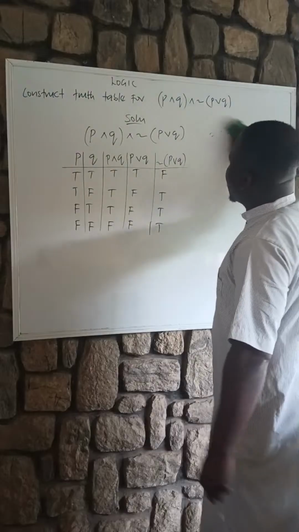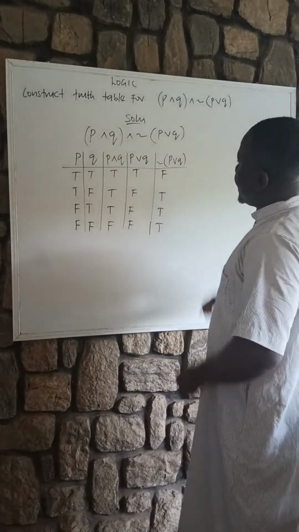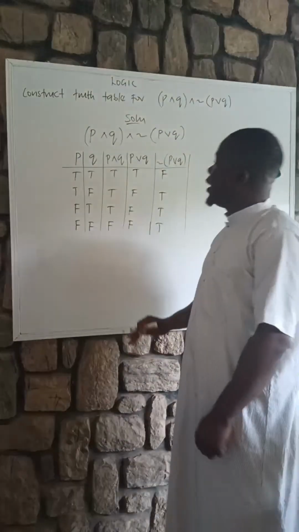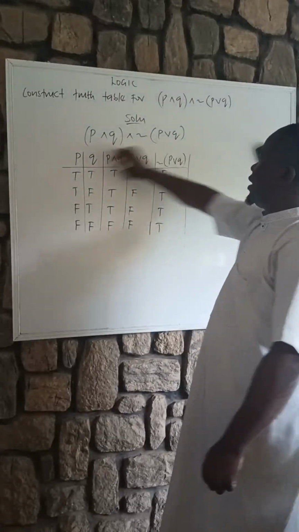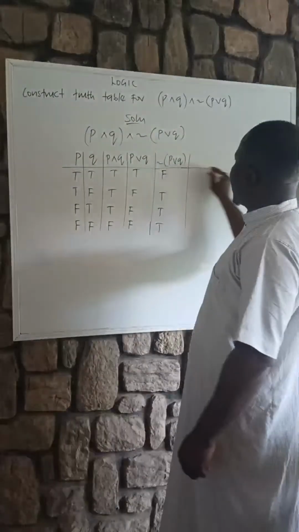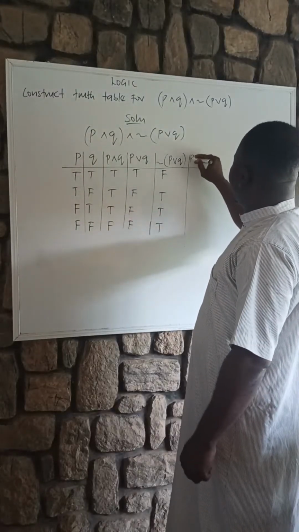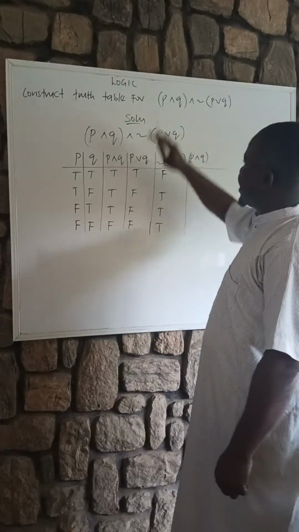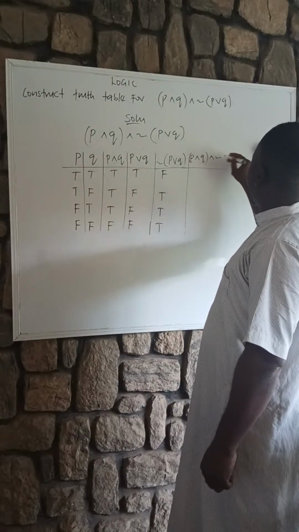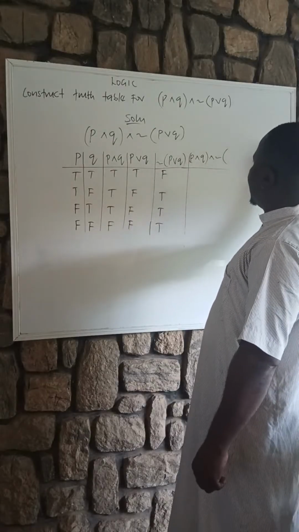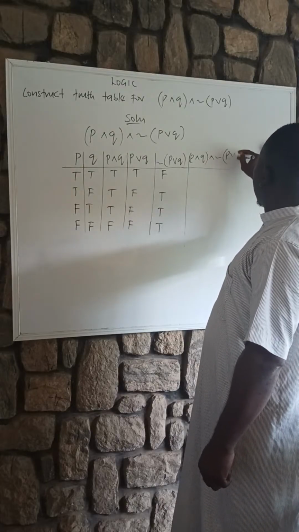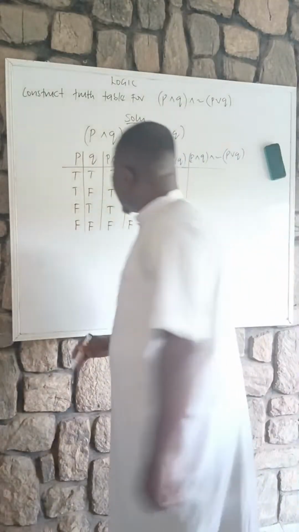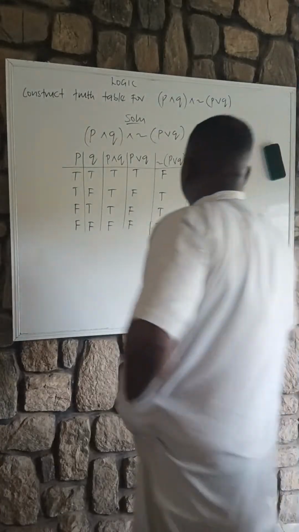Okay. So far, so good. So we can now consider the whole of this: P disjunction, open brackets, negation of P conjunction Q. Let's look at it together.